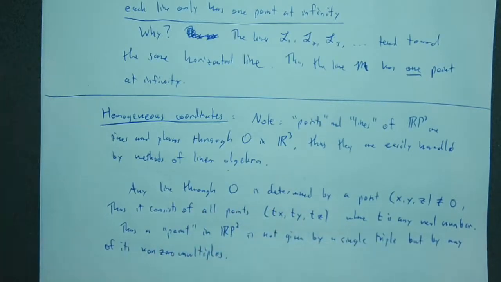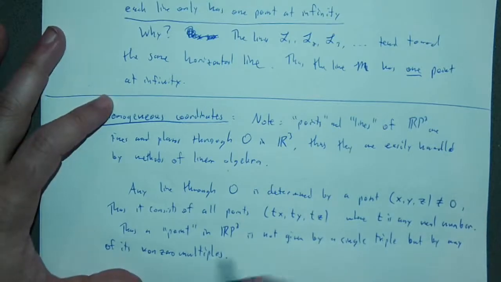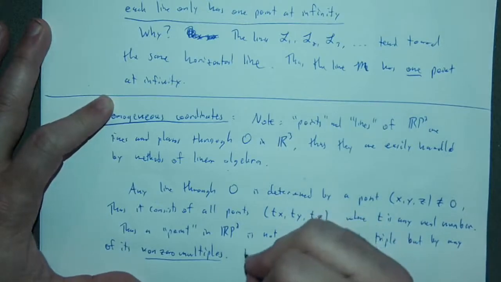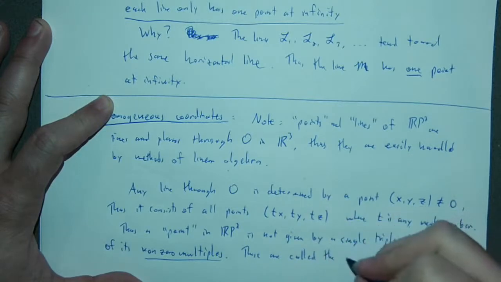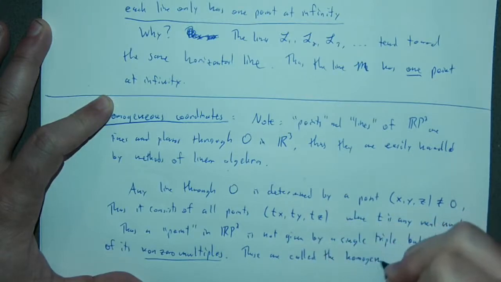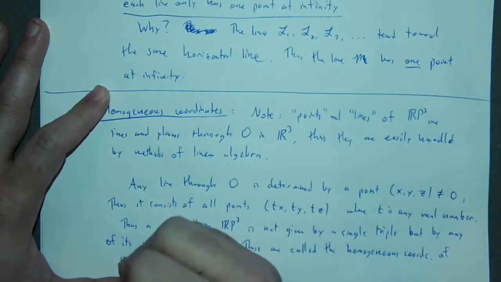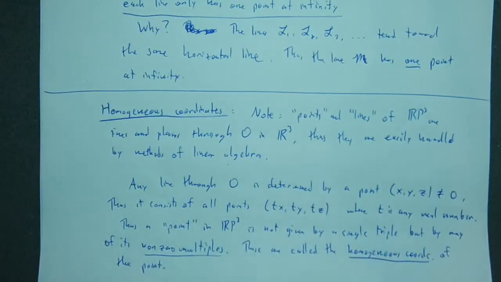Once you have any non-zero multiple, you have a complete description of the line through O, and thus the point in RP2. These non-zero multiples, these triples, are called the homogeneous coordinates of the point.